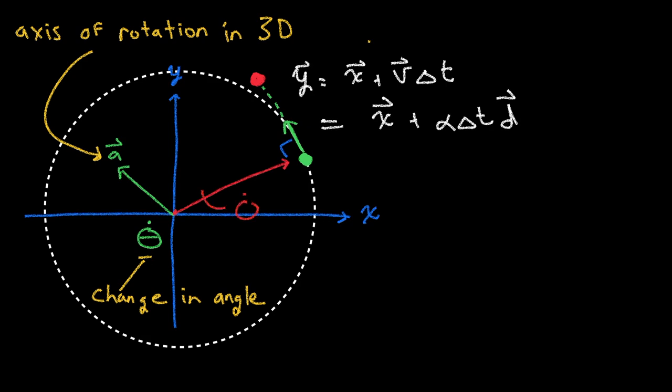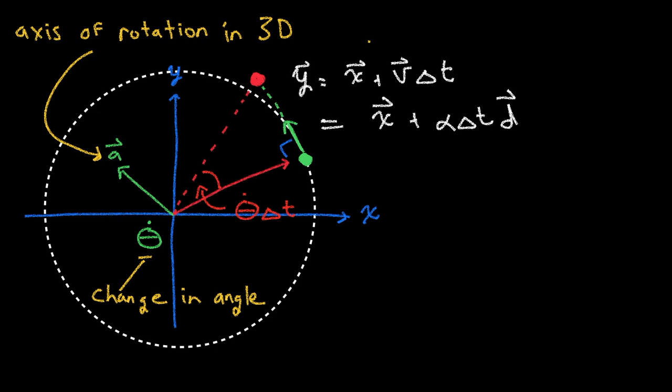In other words, we can look at what happens to our vector x if we rotate it by an angular displacement given by theta dot delta t. And we can intersect this line with our new point y. And now we can ask ourselves the question, what value of alpha will make this diagram consistent?